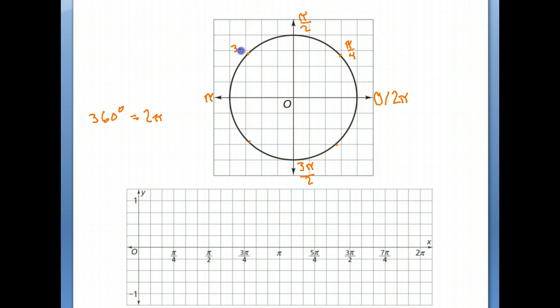And we have 3 pi over 4, 4 pi over 4. And then we continue on the bottom half. I'm just going to add a fourth every time. 5 pi over 4. Down at the bottom, 6 pi over 4. 7 pi over 4. And then back to the beginning, 8 pi over 4, or 2 pi.